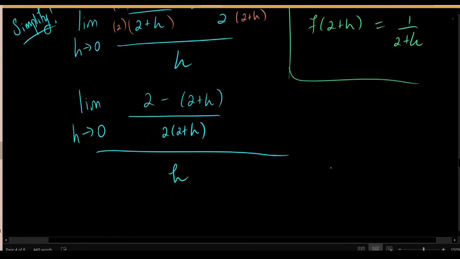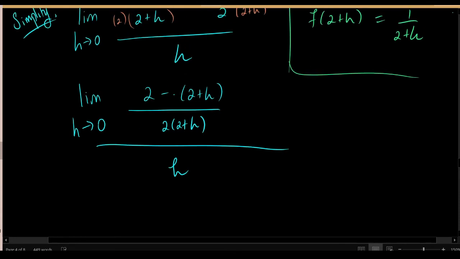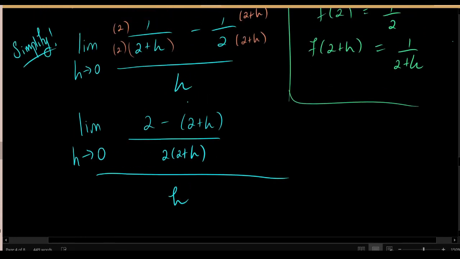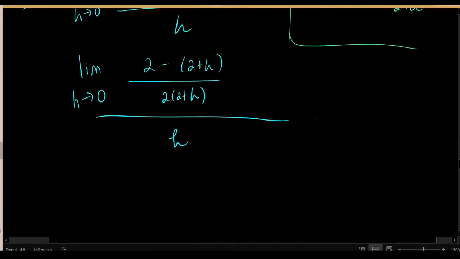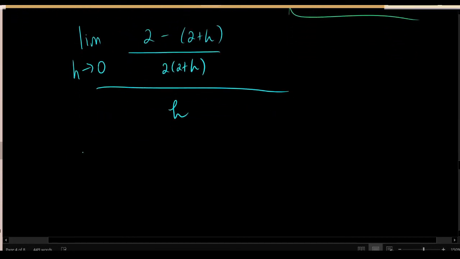So we're still working on simplifying. In the numerator, I notice that I have a 2, and then I'm taking away a 2, and I'm taking away h. So if I simplify that subtraction in the numerator, 2 minus 2 is gone, and all that's left is minus h. This is then being divided by h.